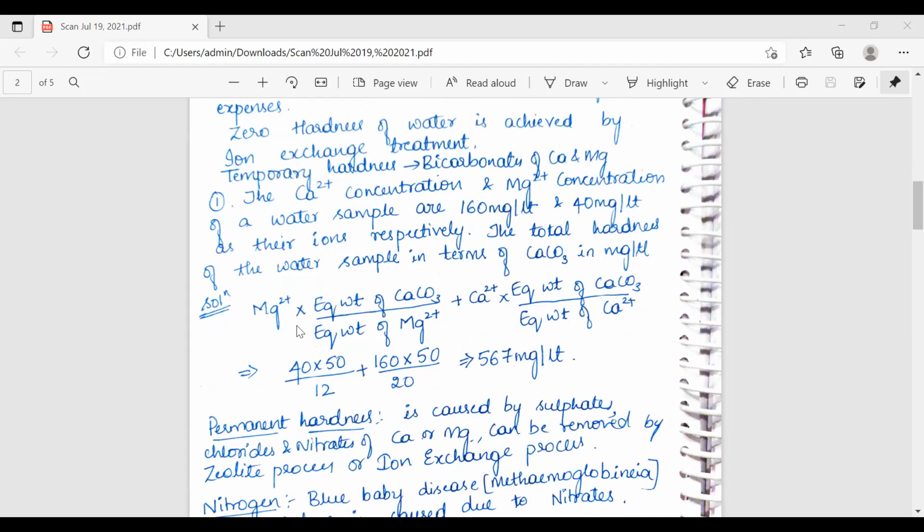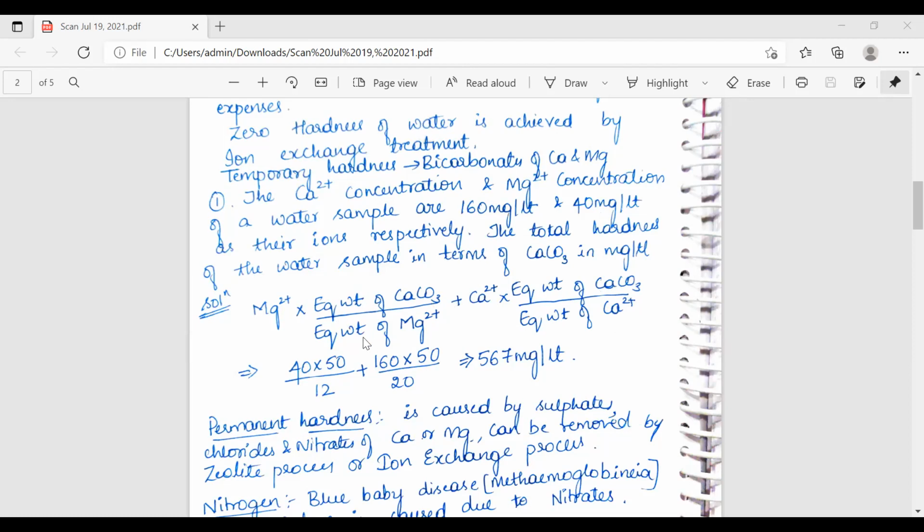To determine the total hardness, the formula is Mg2+ into equivalent weight of CaCO3 divided by equivalent weight of Mg2+, plus Ca2+ into equivalent weight of CaCO3 divided by equivalent weight of Ca2+. Mg2+ is 40, they've given here. You should remember the equivalent weights of CaCO3, Mg2+ and Ca2+, because it is a bit lengthier procedure to calculate them.